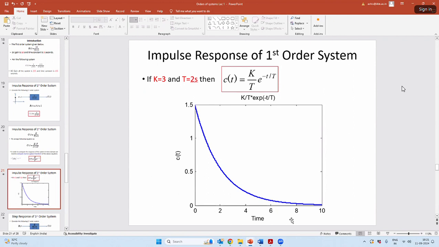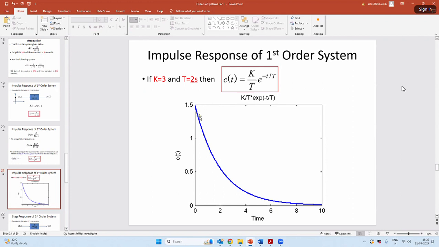And as time proceeds, it is going to decay following e to the power minus t by t. And you would see that for a first order system, this output is going to converge, decay, and become 0 because your impulse signal is only at t equal to 0.